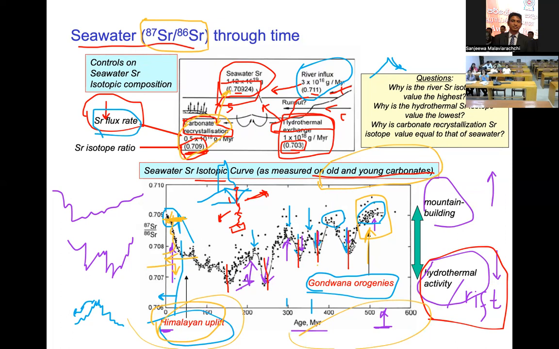Some fossils that lived in this time have shown low strontium isotopic composition, and some fossils with ages like 500 have shown high strontium isotopic composition. Likewise, people have mapped and plotted them with respect to various times, and automatically you end up with a curve.